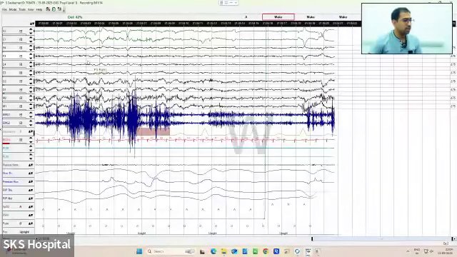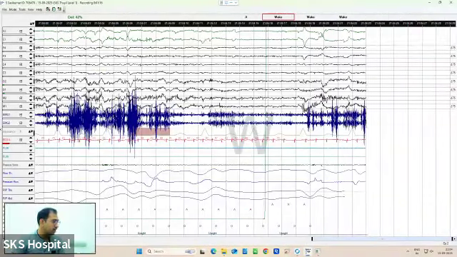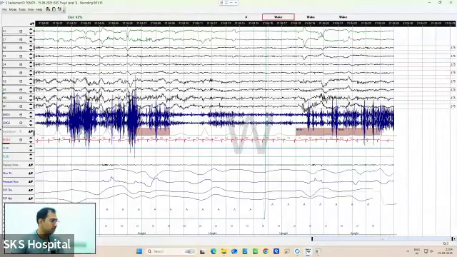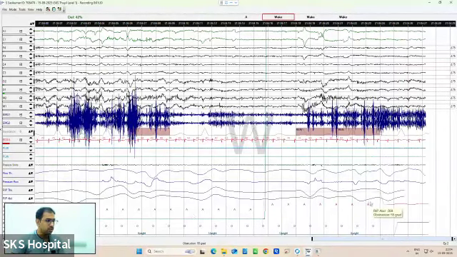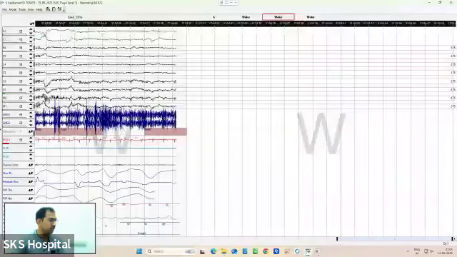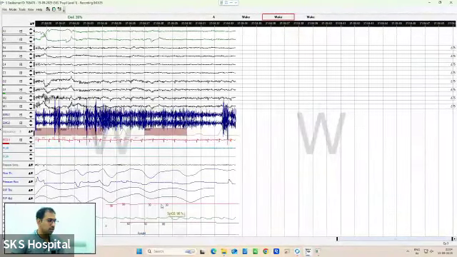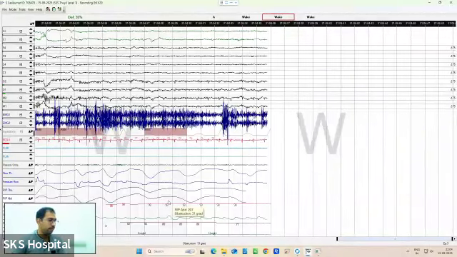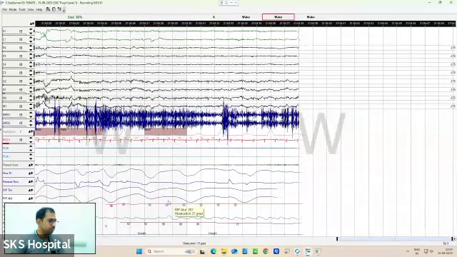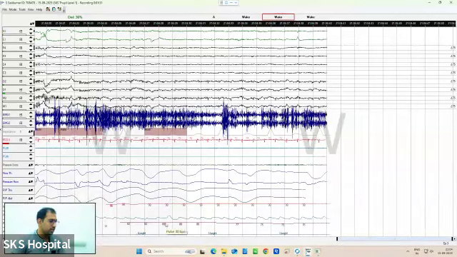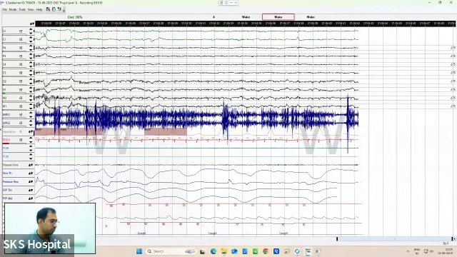So now once connected and the patient is put on bed, we need to see if there are any sensors that are missing. As you can see here, the SpO2 started coming just now because the sensor was showing some artifacts. And now we will be able to see the saturation coming to 98. So now it has started recording. So this is the pulse rate again started coming, and this is the plethysmography.